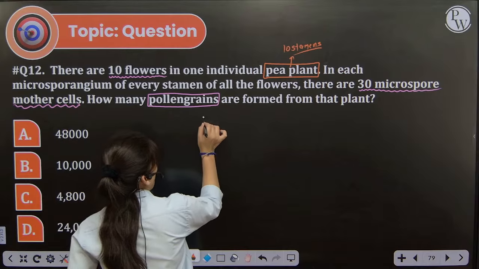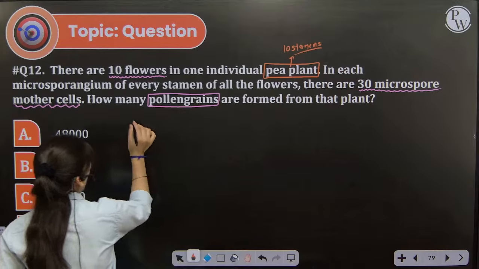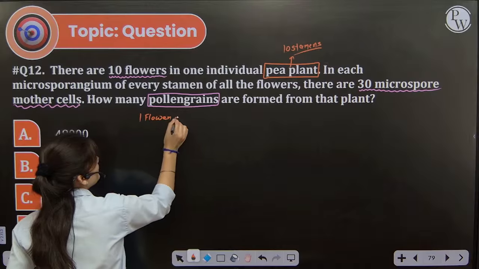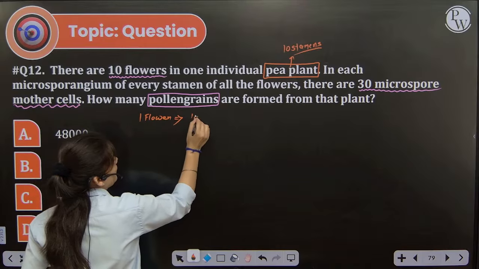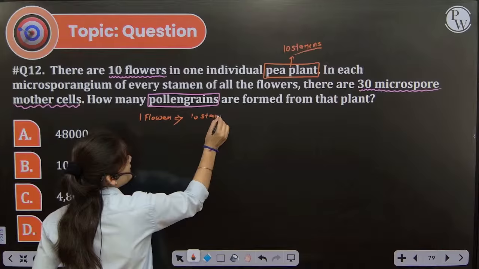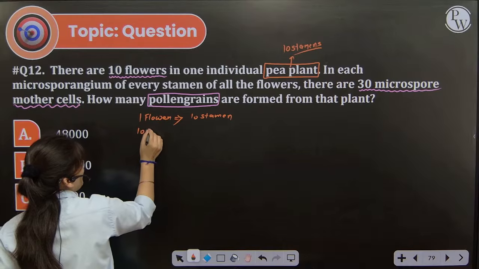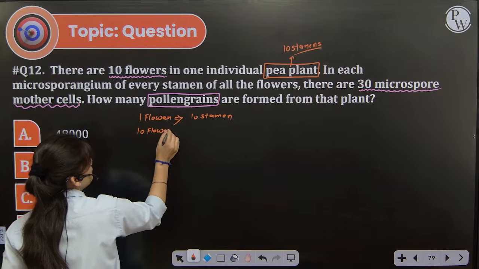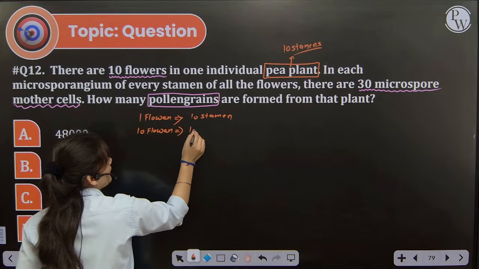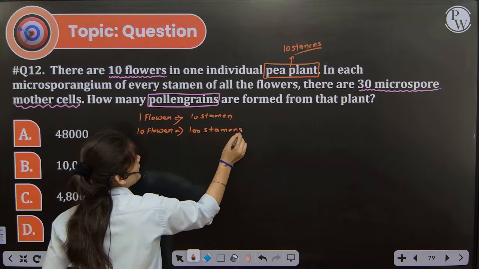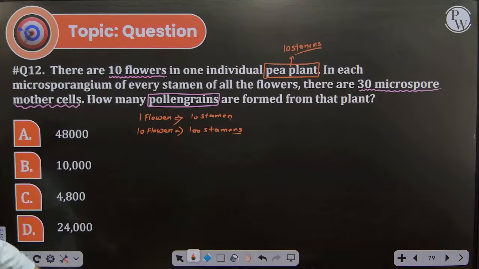So we know one flower has 10 stamens. And what is given? 10 flowers. 10 flowers have 100 stamens.